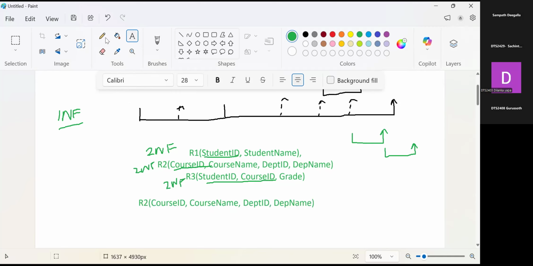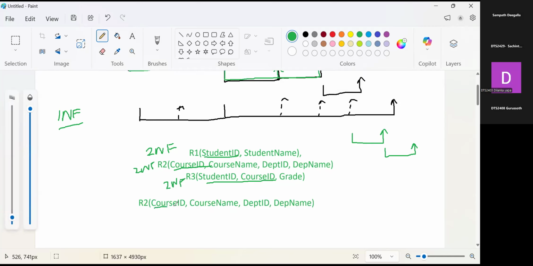And what is the primary key? It's course ID. So using course ID, you can functionally determine course name and department ID and department name as well. But you know that using department ID, we can determine the department name. So this is not in third normal form.